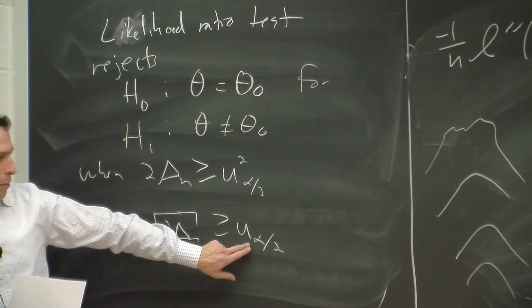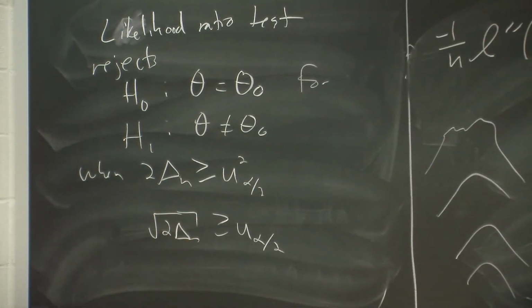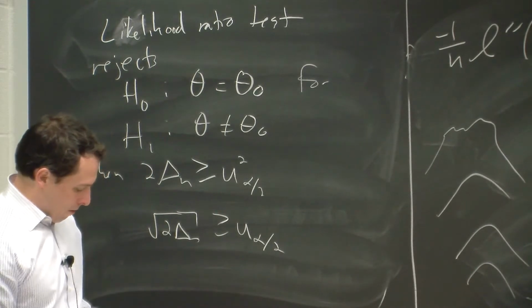So these are just numbers like 1.96, which come from the normal distribution.